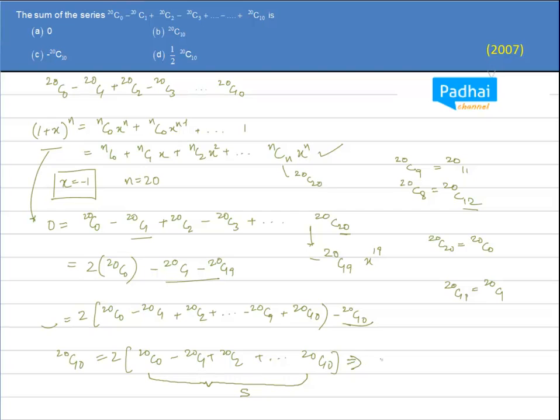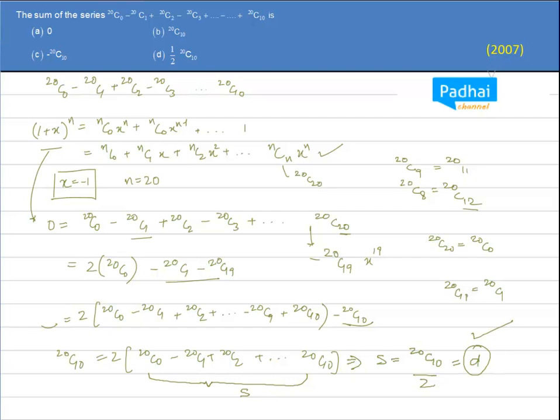That implies S is equal to 20C10 by 2. 20C10 is nothing but 20 factorial upon 10 factorial into 10 factorial. But you need not compute this because it's already given in option D. So option D was the correct answer in the paper.